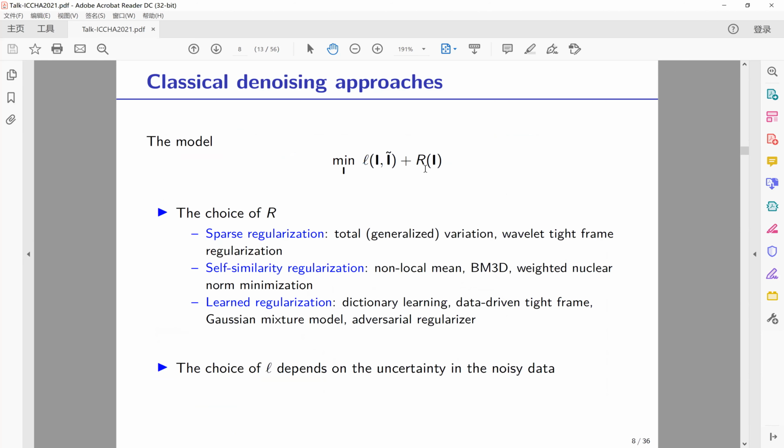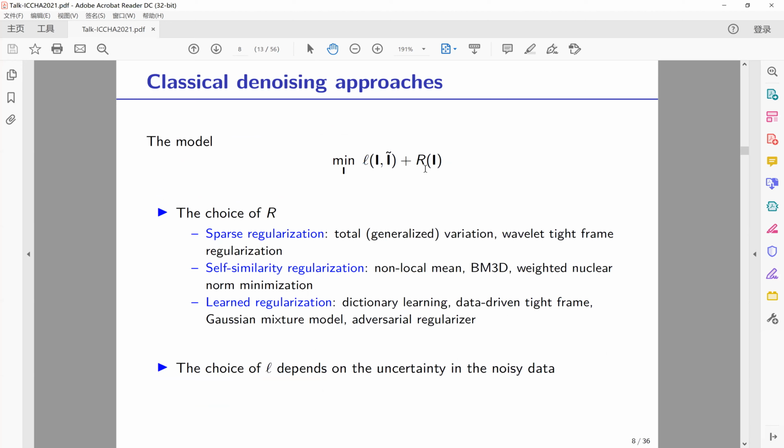Let's revise the classical approach. When we do the classical modeling, we always have two terms. The first term is the data fidelity, which means that we want to measure the loss between the recovered true image and the observed image. And the second term is the regularization term, for which we have had so many good regularizations during the past 10 or 20 years, like the sparse regularization or self-similarity regularization.